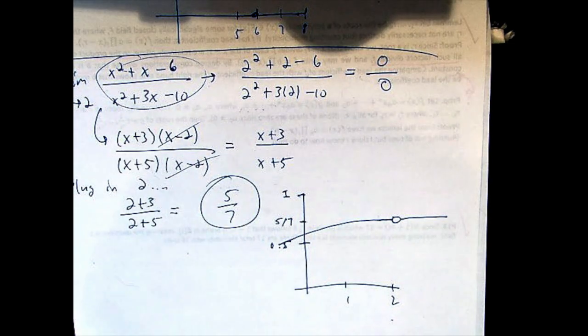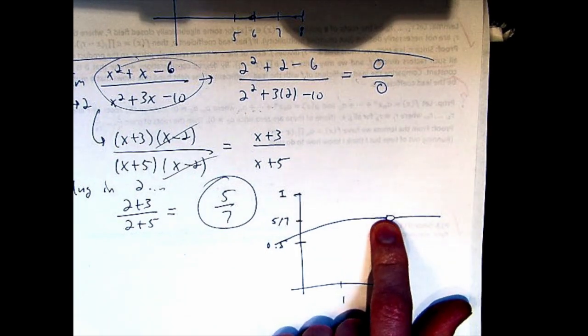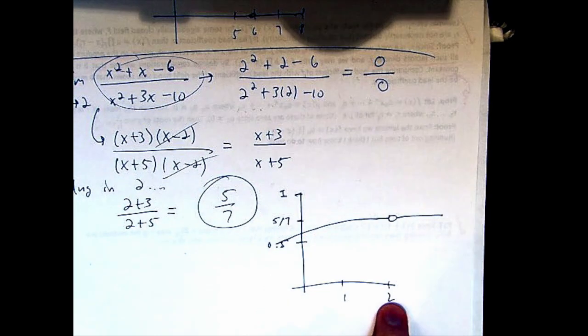This function is undefined at 2, basically because you get a 0 in the denominator when you plug in 2. So this function is undefined at 2. That's why there's this little gap here, right? We don't want to draw something there because that would be implying that the function has a value at 2 when we know it doesn't, right? So there's this little gap here just kind of indicating that the function is not defined at this point.